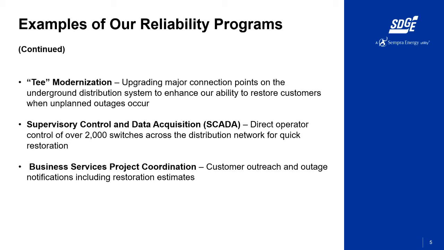A big part of this T modernization program is aimed at upgrading these major connection points on the underground distribution system to help enhance our ability to restore customers when unplanned outages occur. That's T modernization.